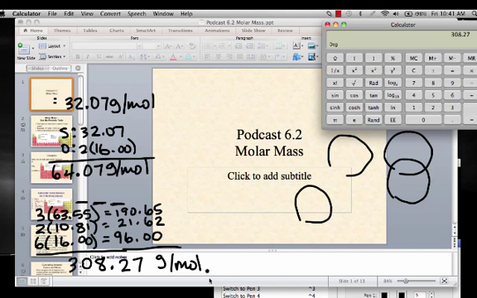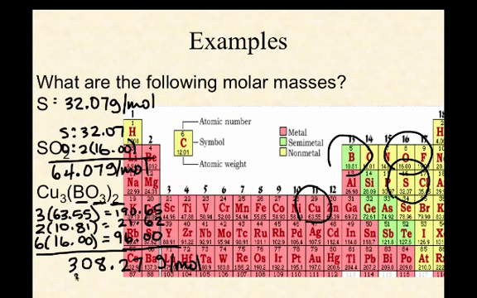So if you catch one of those mistakes, I need you to tell me before everybody listens to this podcast and finds my mistakes too. So I want to show you how to do it the right way. If you catch a mistake, please let me know. So I got 308.27 grams per mole for the copper 2 borate.